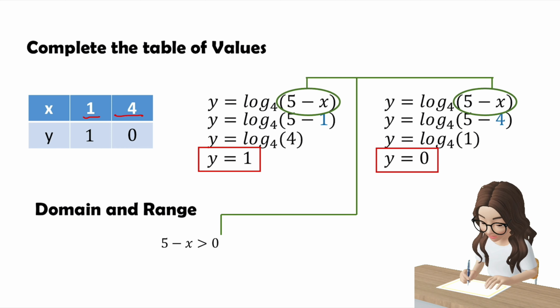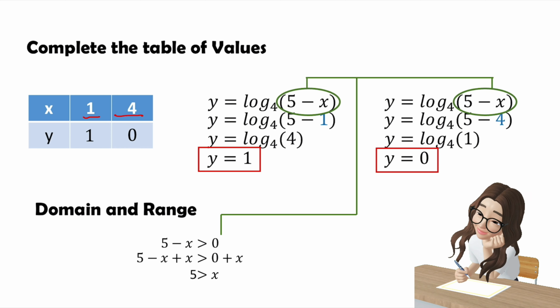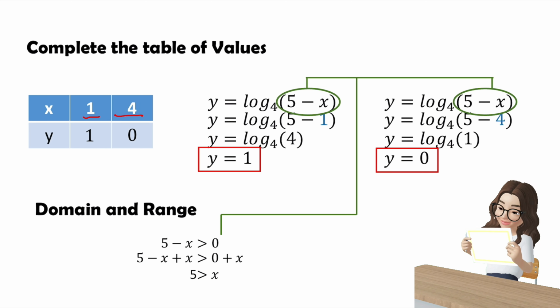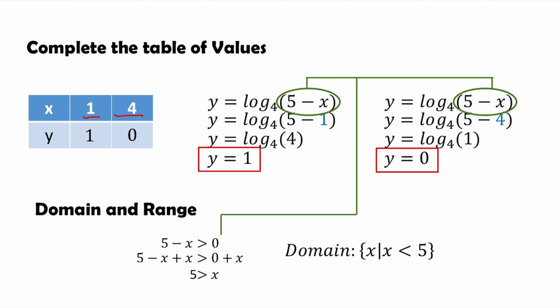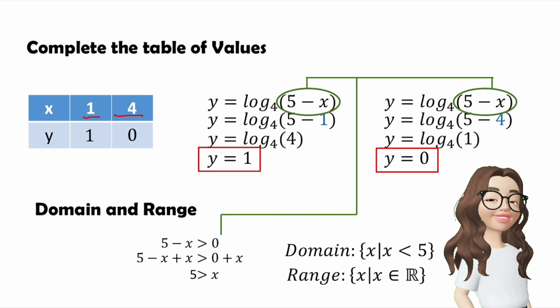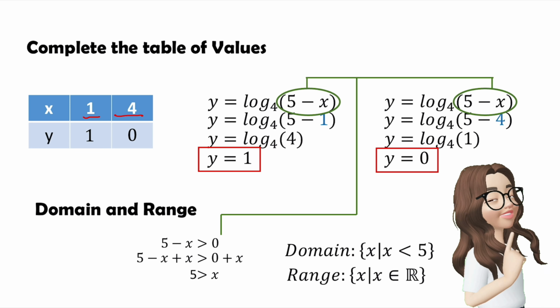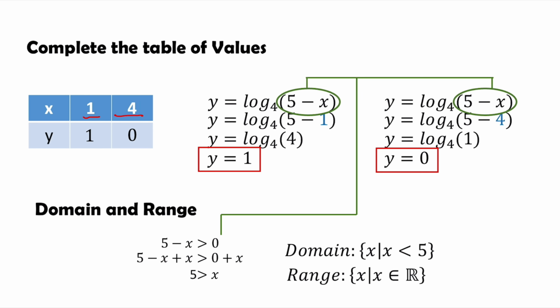Apply APE. So we will have 5 is greater than x. So the domain will be x such that x is less than 5. Whereas the range will be the element of real numbers. Therefore, you could pick any numbers for x. However, it must be less than 5.